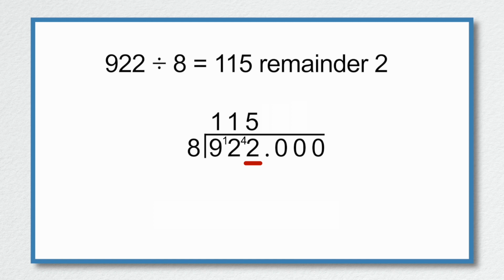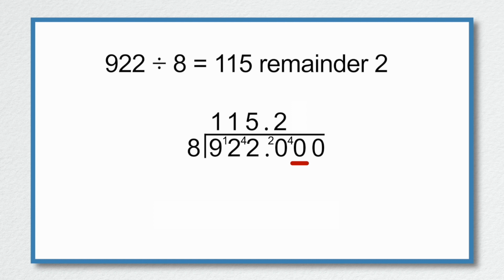I'm now going to add our remainder to the first nought after the decimal point, and so we now have the calculation 20 divided by 8. 20 divided by 8 is equal to 2 because 2 eighths are 16, with a remainder of 4. We now add the 4 to our next 0, which is in the hundredths column.